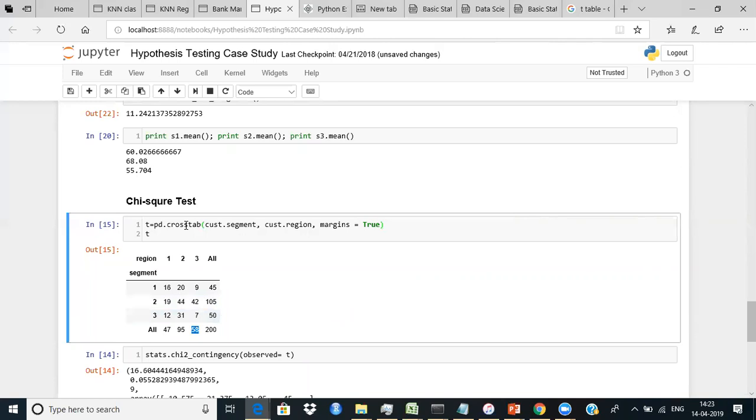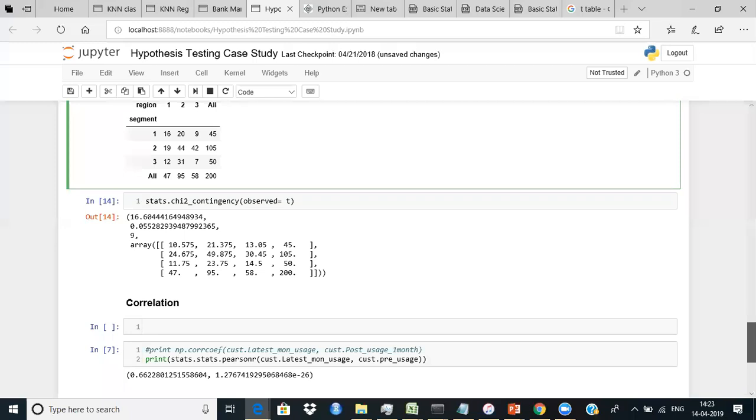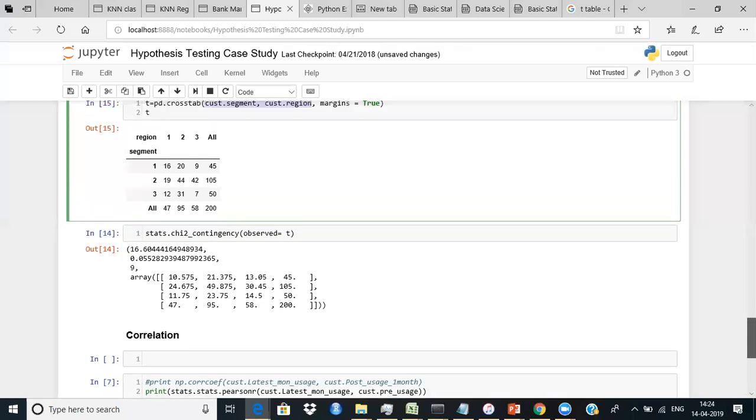To create this crosstab, you use pd.crosstab and then pass the variables that you need the crosstab for. Make sense? Margins equal to true, you get the totals. If you make it false, you will not get the totals. Okay. Now, once you have created the crosstab, in order to test, you go to the stats package, which is scipy.stats.